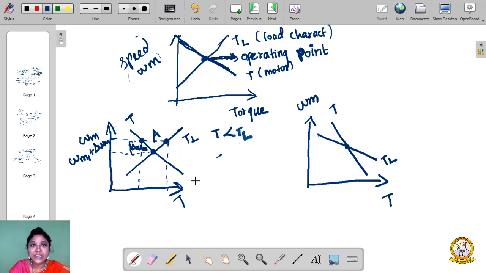It will move towards the point A, so it comes back to the point A.